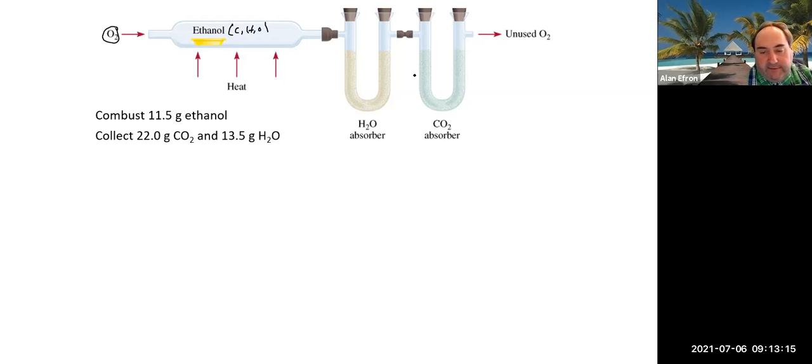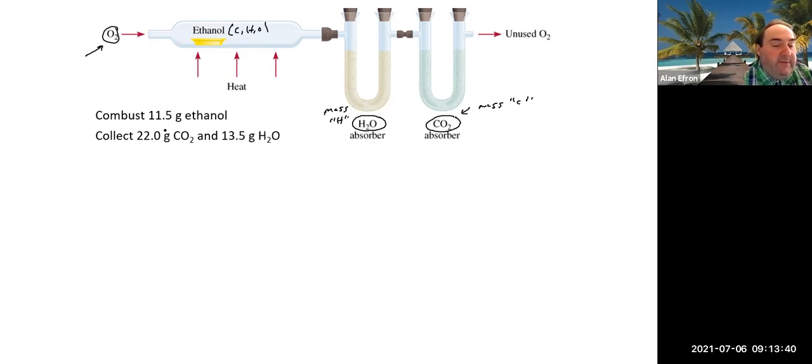The CO2 comes through and is going to be grabbed up here, and we'll have some extra O2 coming out because we added some at the beginning. So we're going to use the mass of the water collected to get us to the mass of hydrogen, and we're going to use the mass of the CO2 here to get us to the mass of carbon that we started with.